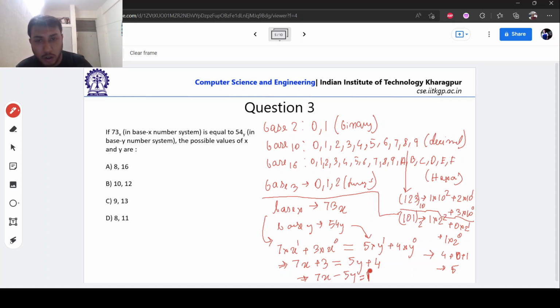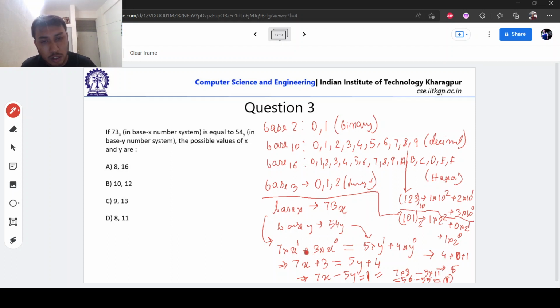If we substitute all of these values a, b, c and d, you need to find out which satisfies this equation. If you substitute option d, it becomes 7 into 8 minus 5 into 11, so that is 56 minus 55 equals 1.